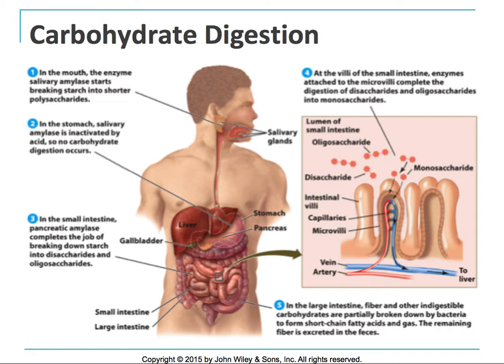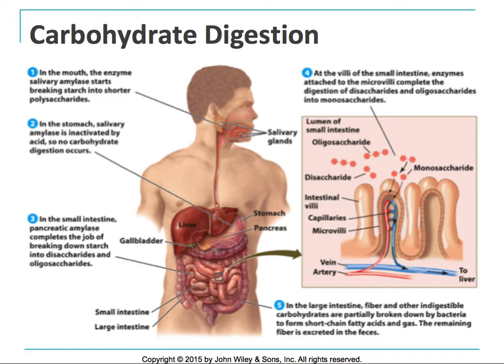So same enzyme, just a different location. In the small intestine, that pancreatic amylase completes the job of breaking down starch into disaccharides and oligosaccharides. Again, those are sugar units of 2, 3, maybe 4 units long.